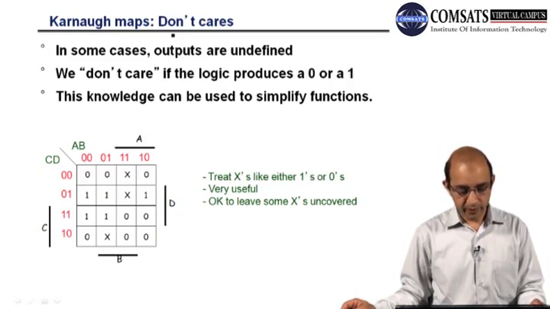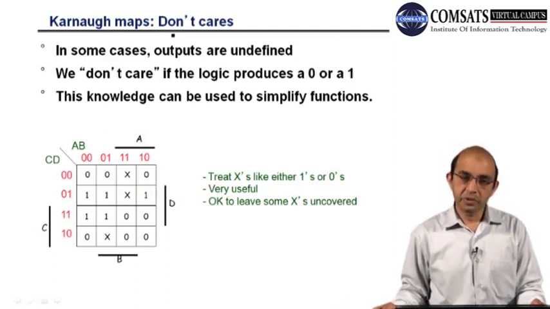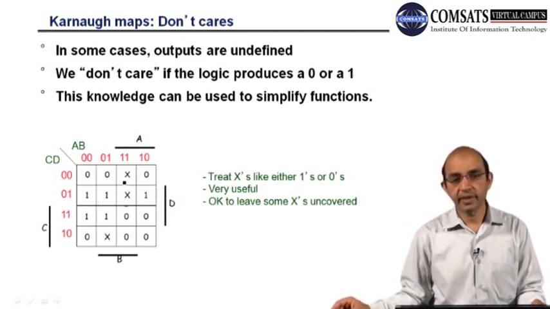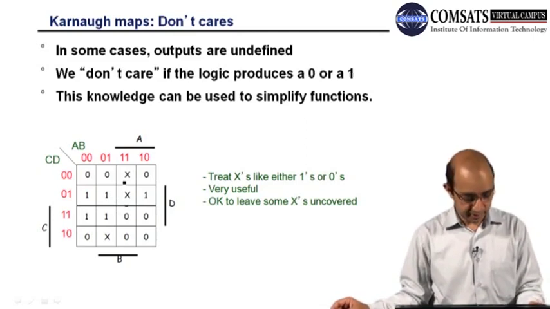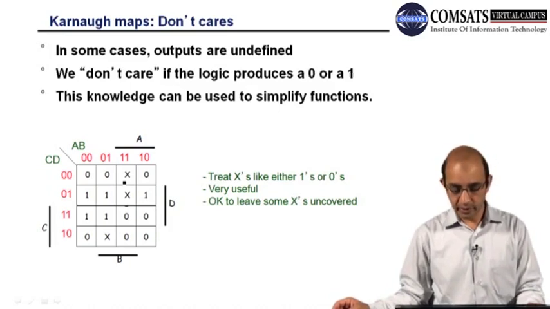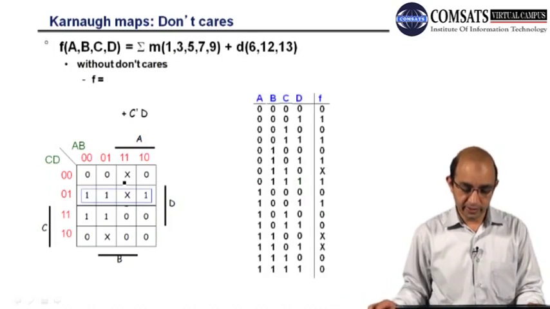So this is the way you normally represent don't care conditions. We have ones, and the don't care conditions are represented by X. In literature sometimes you will come across D, and that also represents a don't care condition. So we can use those don't care conditions accordingly. Here you can see that we have an X over here.